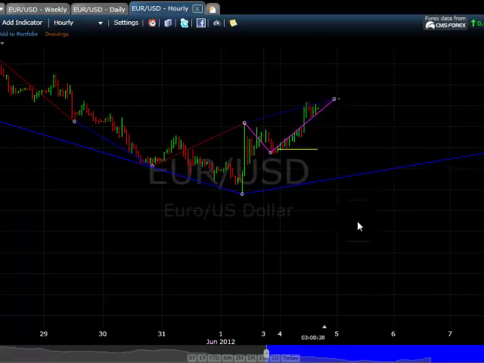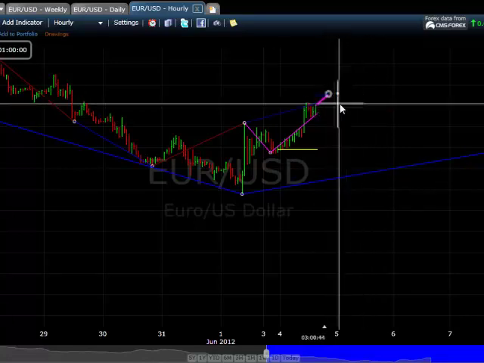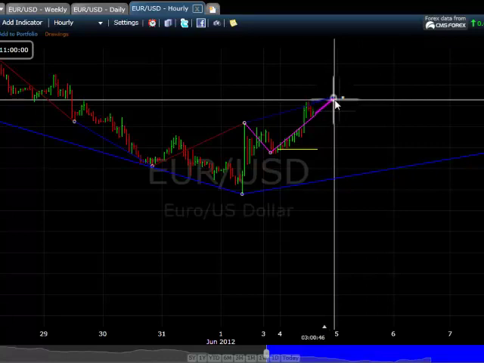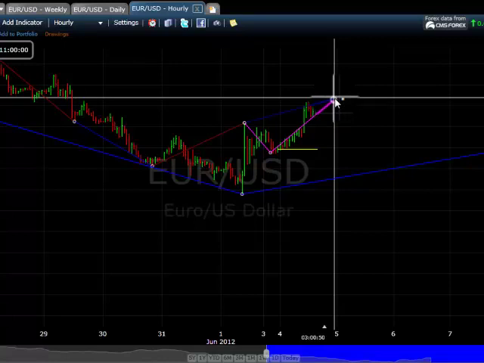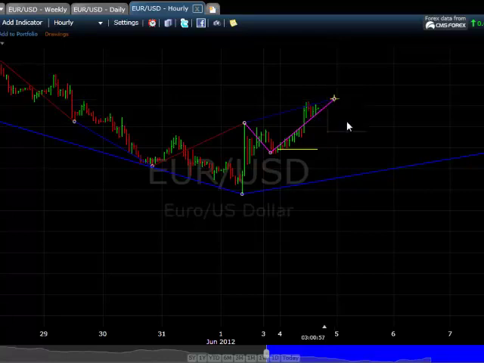Actually I did give some people clues as far as why that price point was picked. I'll hold that up there for people to look at, and perhaps if they've been to the webinars they can understand what's going on with support and resistance.